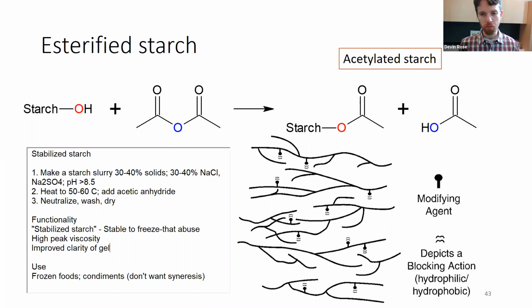And in general, we want clear gels instead of cloudy gels. So this functional property right here, improved clarity of the gel, is not really unique to this starch. Any modified starch would have an improved clarity. But the use here is specifically in gelled foods that might have some abuse.